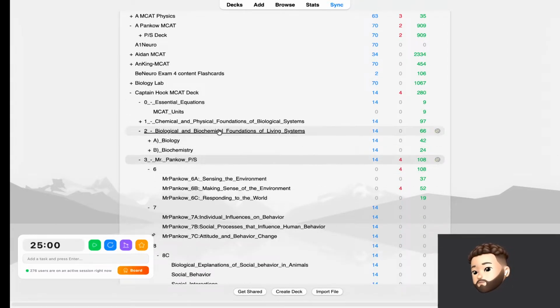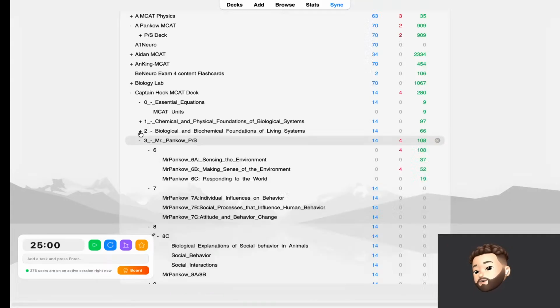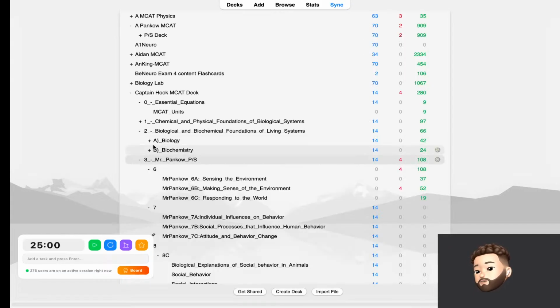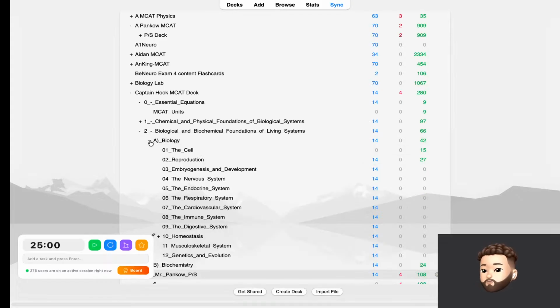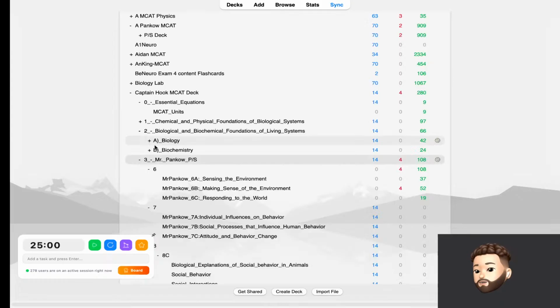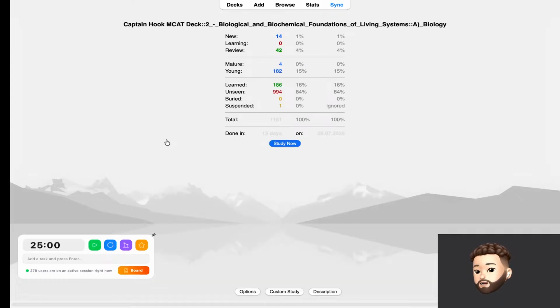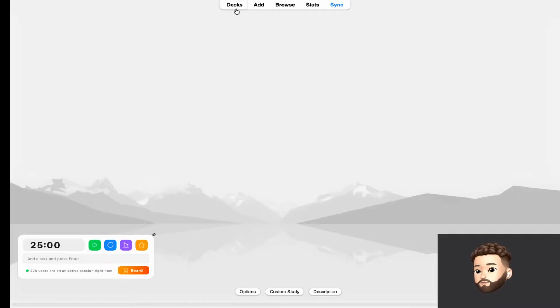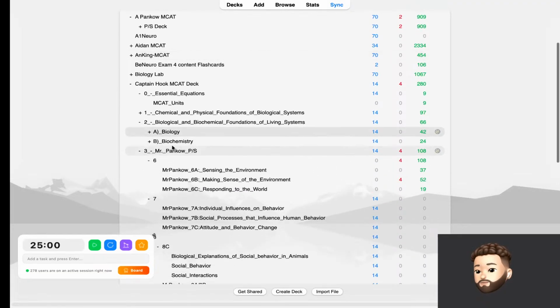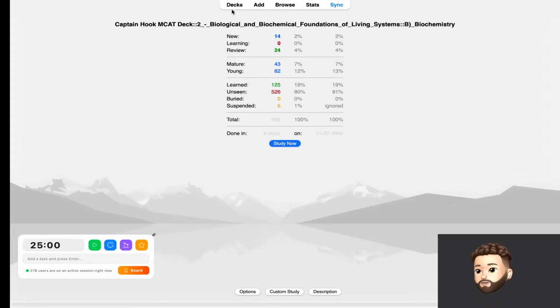We definitely need to finish reproduction here, and probably embryogenesis too. If we did both of those, then we would probably be a lot more set. Here we're 16%. And here we're 19.